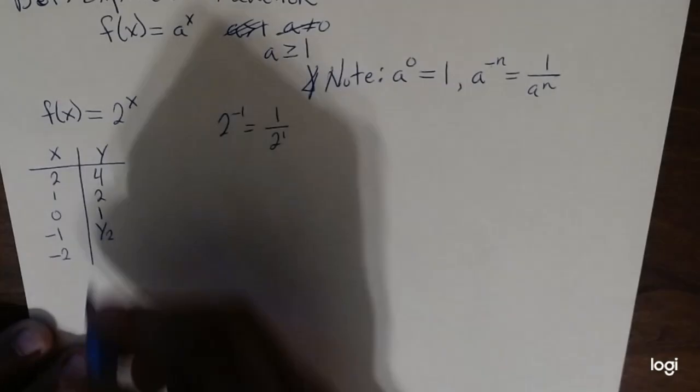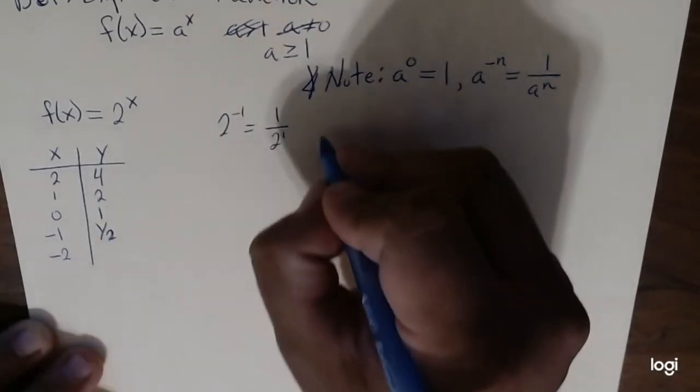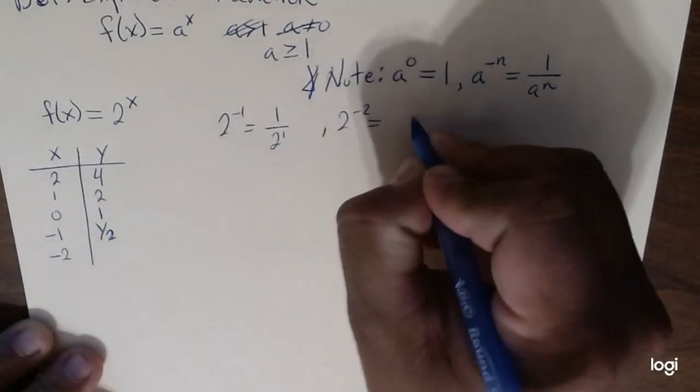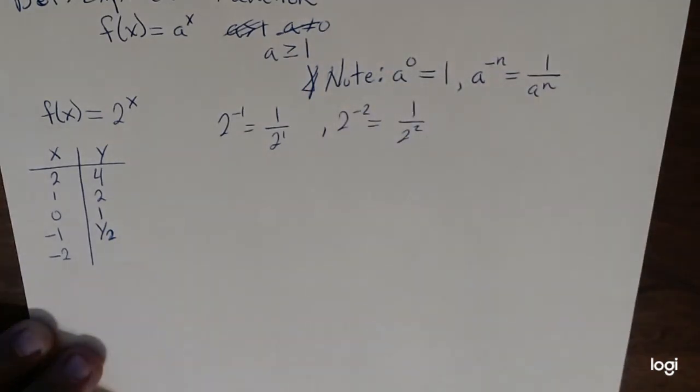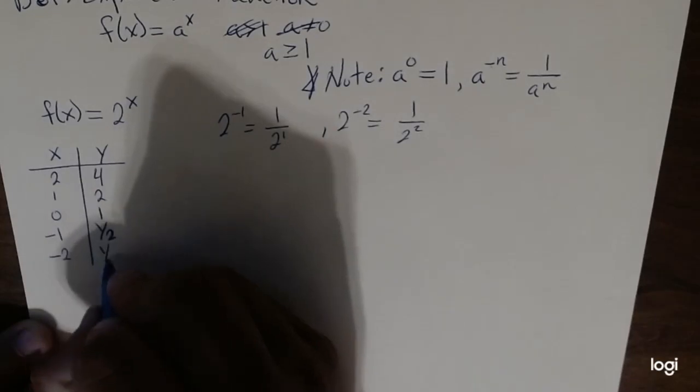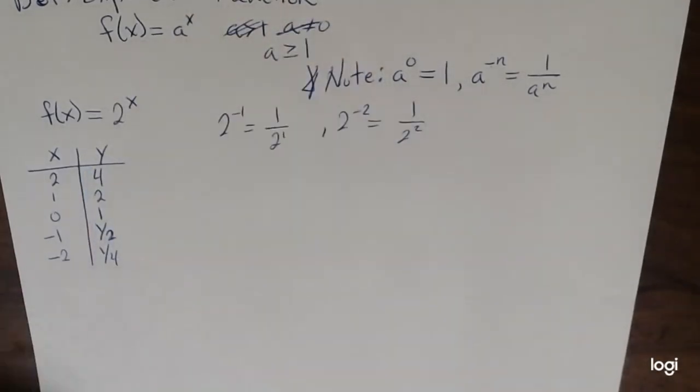Same thing for the second one: 2 to the negative 2 power is 1 over 2 squared, which becomes a positive 1/4. So you should never get negative values here, which is an interesting part about it.